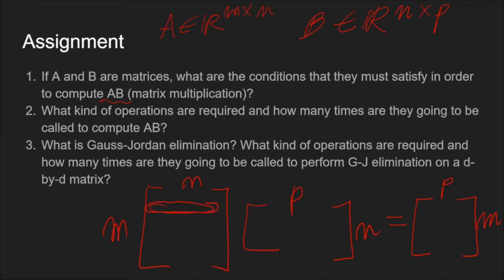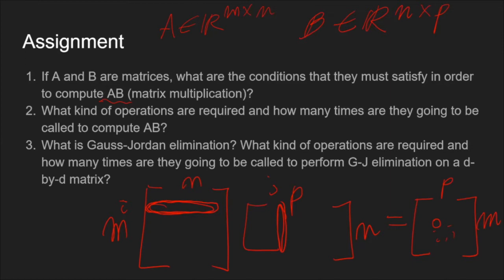Like I just said, we're multiplying a row with a column to generate an element in the result matrix. So let's say we have an ith row and a jth column, and that becomes the ij element of the result matrix.